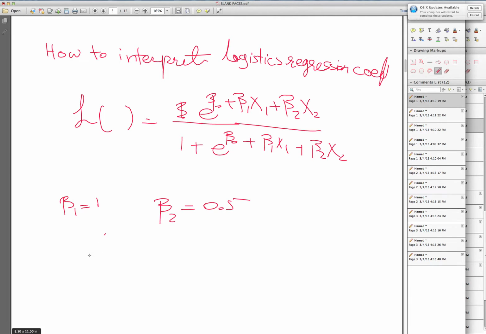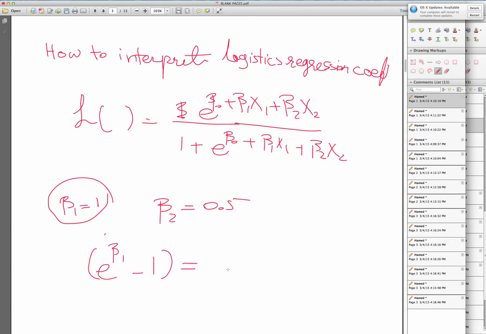In order to interpret beta 1, you should first put it in an exponential. So exponential of beta 1 minus 1 is e to the power of 1 minus 1. This is always 1, and this is what you have for beta 1. So that is 2.71 minus 1, which is 1.71.